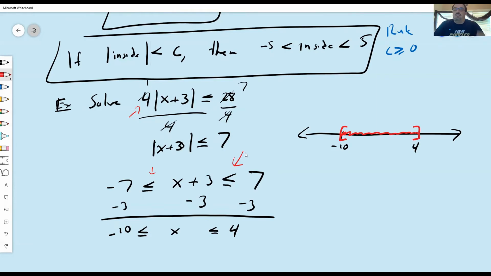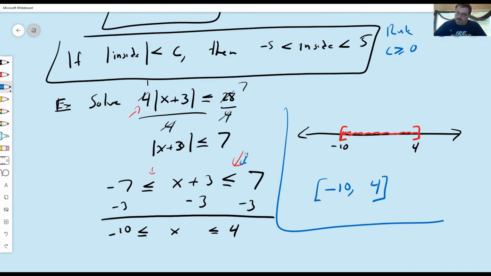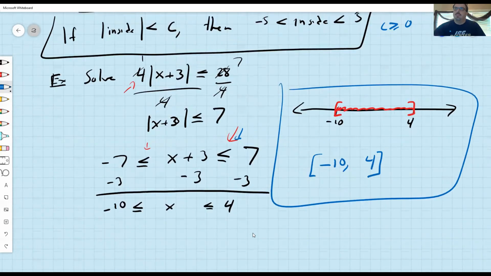And then for interval notation, left to right. So my left side is minus 10, my right side is 4. Because it's less than or equal to, we're going to have brackets. Those are my solutions. Okay.